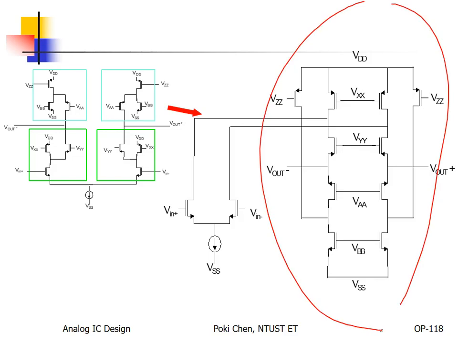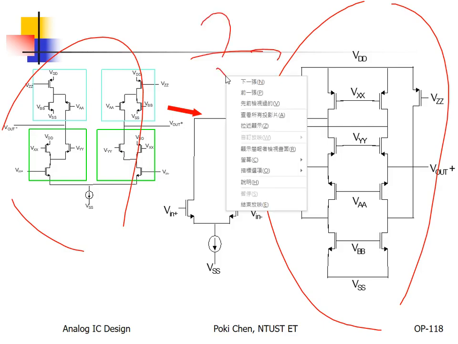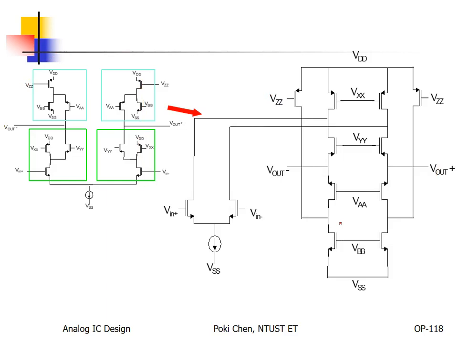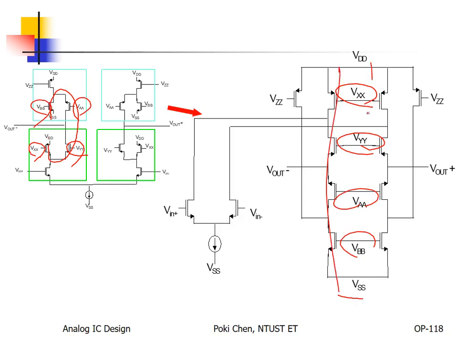Maybe you will be curious: hey, from this to that, what? Please pay attention to the longest path from VDD to VSS. It passes through VXX, VYY, VAA, and VBB, then to VSS. Hey, bingo! Both ways, right? Here and there. But there is still something missed.